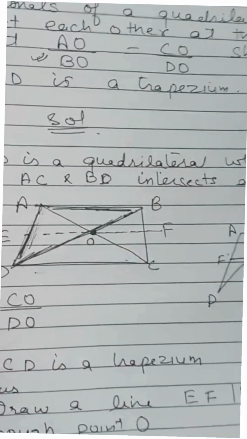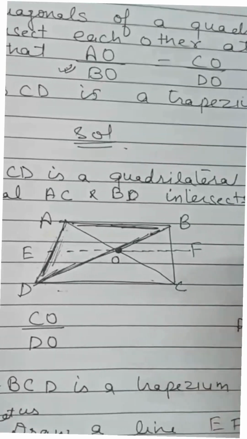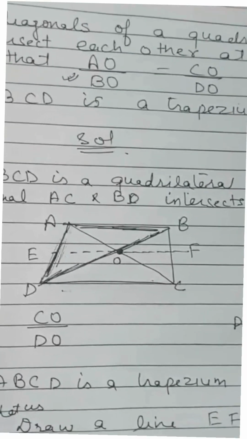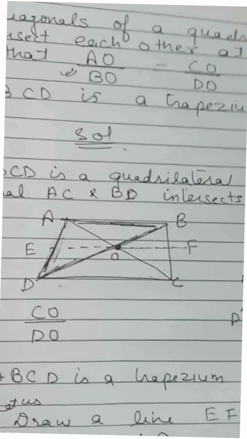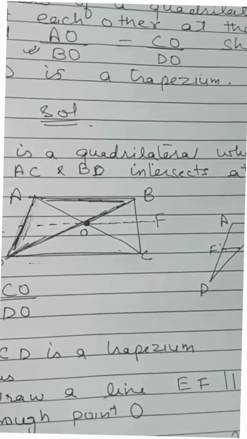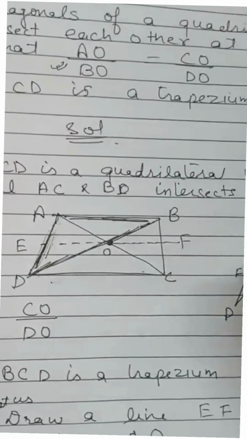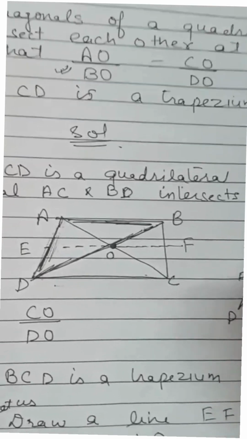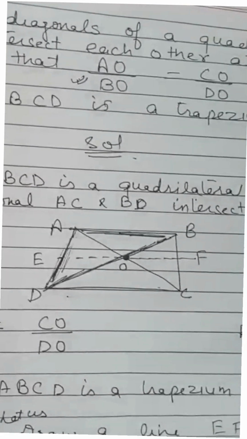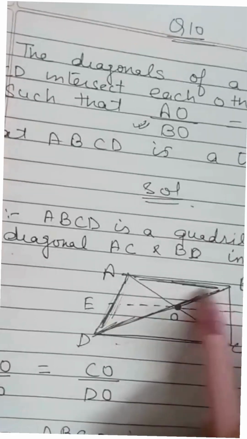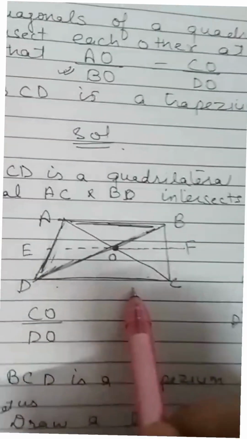So EO is parallel to DC, since line EO divides the triangle in the same ratio. We know that EO is parallel to AB also. So when EO is parallel to AB, EO is parallel to DC also. So AB is parallel to DC. Now we will use the property of a trapezium here.